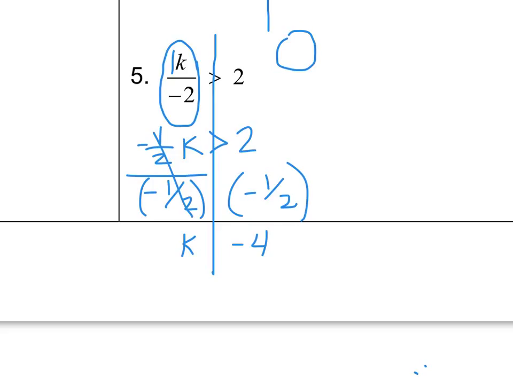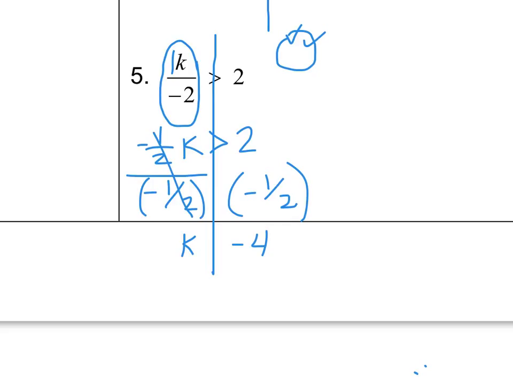Let's do our negative check. Did I bring down my negative? I did, so I get a check mark. Did I divide by a negative? I did, I get my check mark. Now the last question is, do I have an equal sign? Well, I do not.